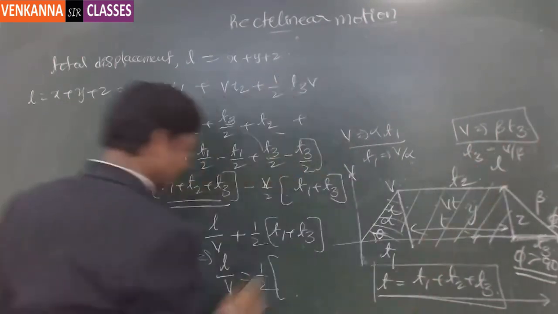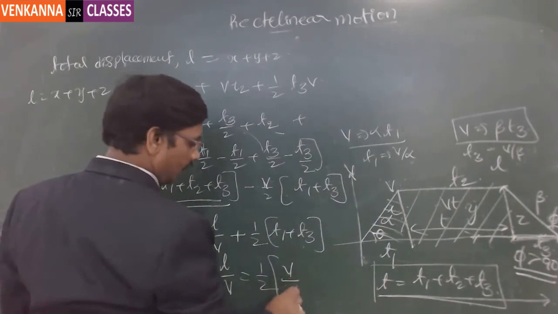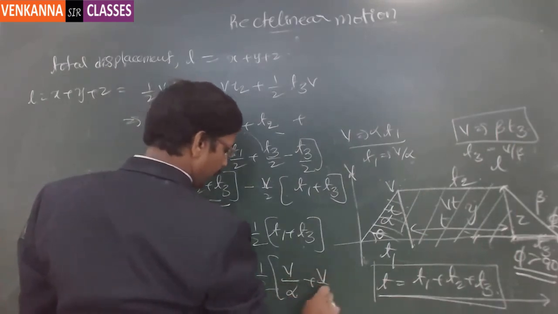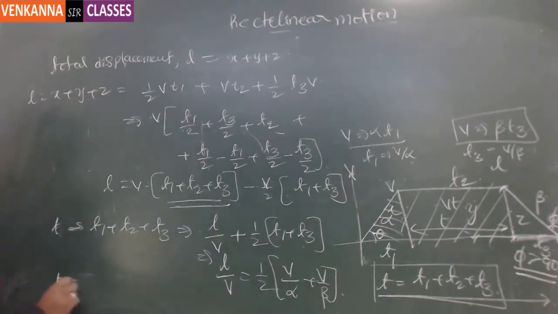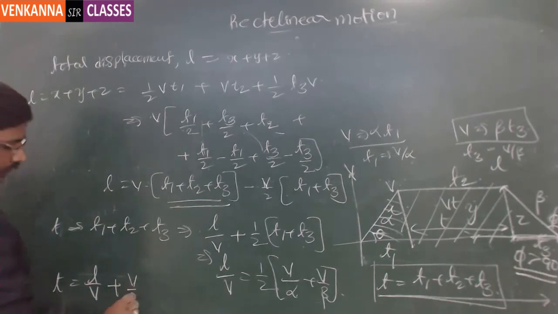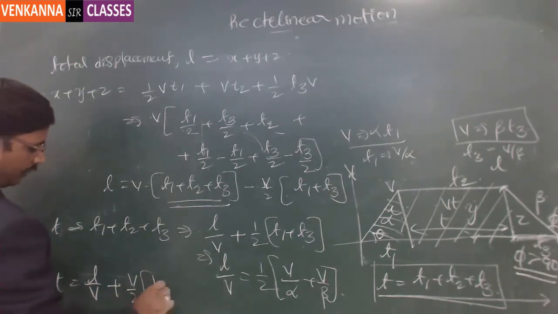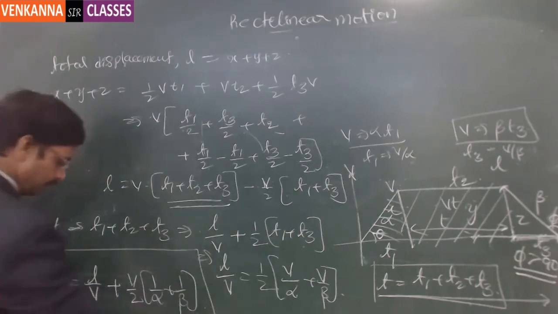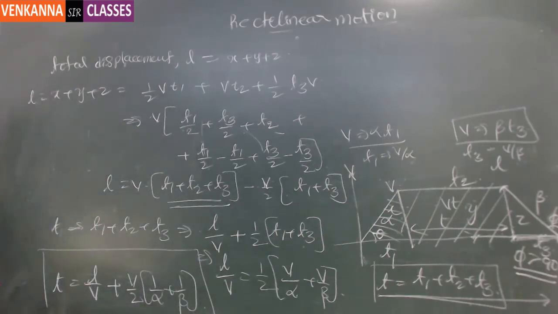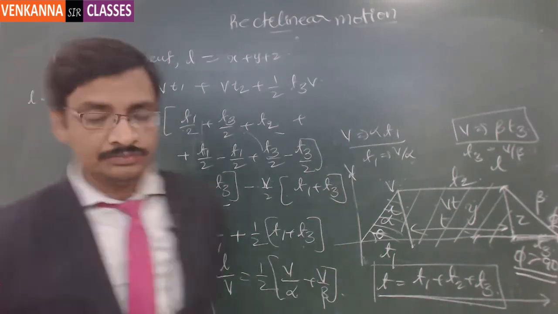So if you replace it here, this is v by alpha plus v by beta, or simply you can write T is equal to L by v plus v by 2 times of 1 by alpha plus 1 by beta. This is what he asked us to prove. Got it? Understood?